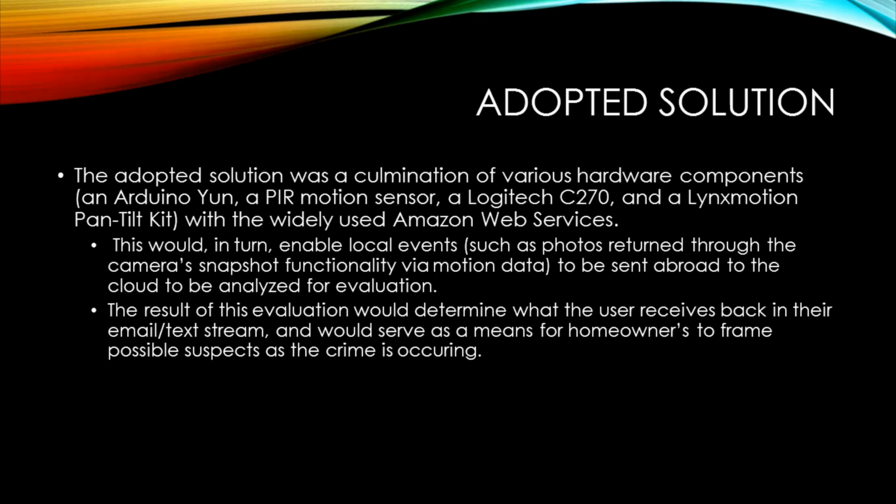In the case that the camera detects a face feature that is already listed within our pre-populated database on Amazon, it would let the user know that a familiar face was found, followed by, say, their name. And then in the event of a true negative, it would return that the user is not found and that the user is an unknown entity.